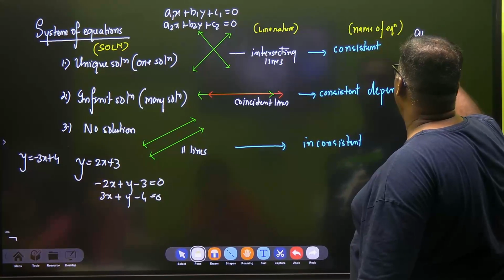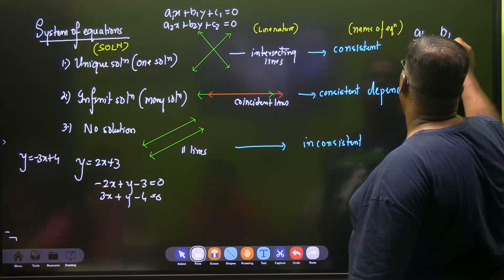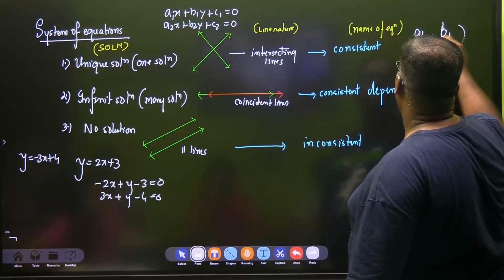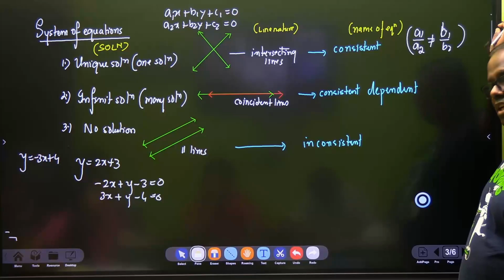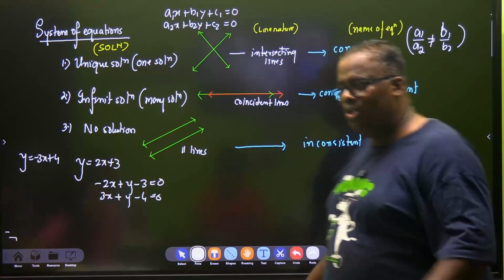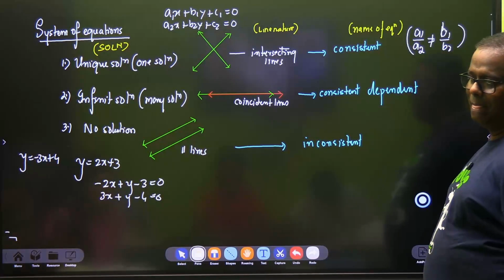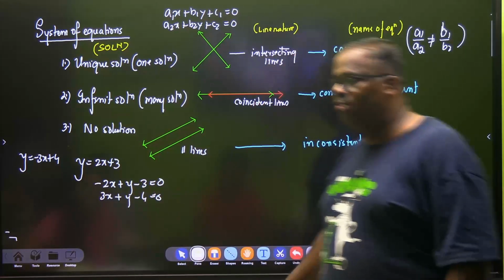Here the relation will be a1 by a2 is not equal to b1 by b2. This criteria will be there. Look, did we get a unique solution with those two? Yes, we got a unique solution. Just do a1 by a2: minus 2 by 3 is never equal to 1 by 1.